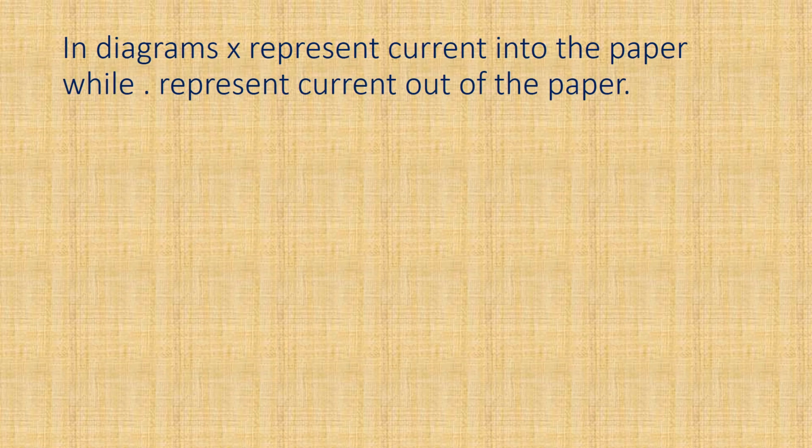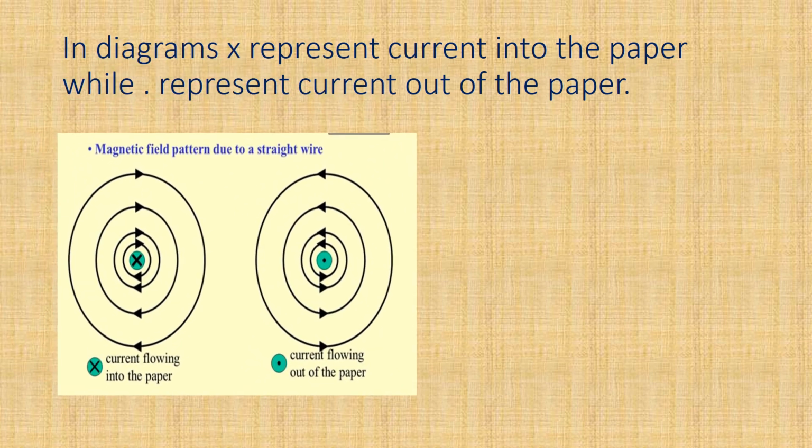In diagrams, an X with a circle around it represents current into the paper, while a dot with a circle around it represents current out of the paper. So if you see an X and then a circle around it as shown in the diagram, then current is flowing away, like an arrow flowing away into the paper.